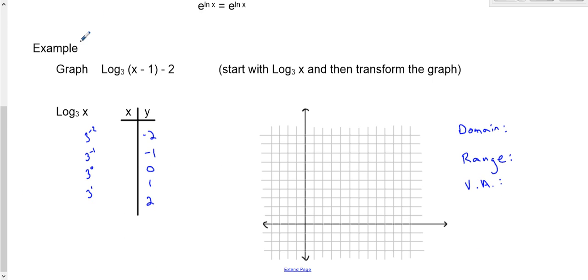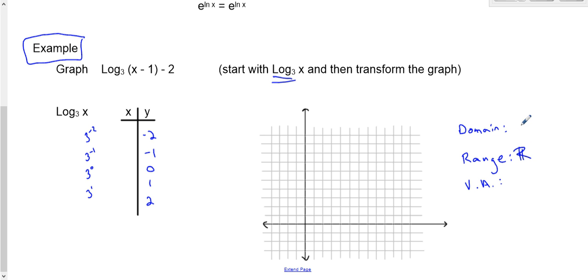All right, let's look at this example. If we want to graph log base 3 of (x minus 1) minus 2, we're going to start with our basic log function of log base 3 of x, and then we are going to transform the graph. Now, remember what we talked about with domain and range and vertical asymptote. Our range is all real numbers.